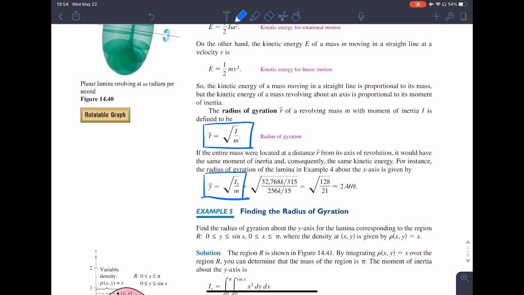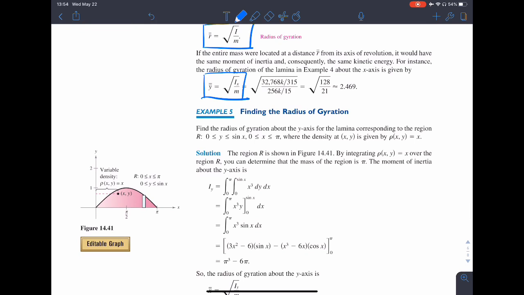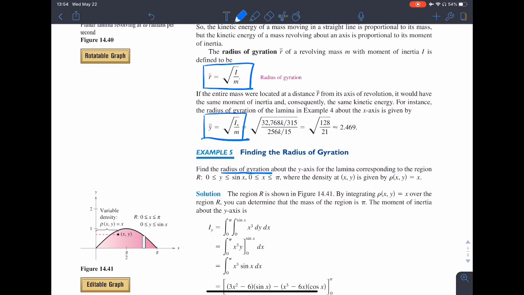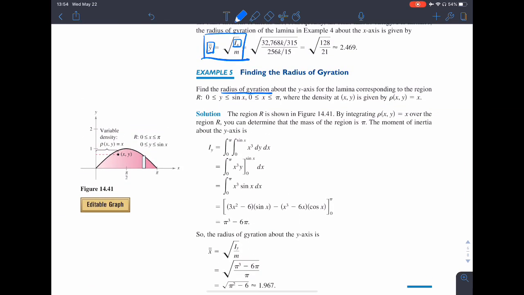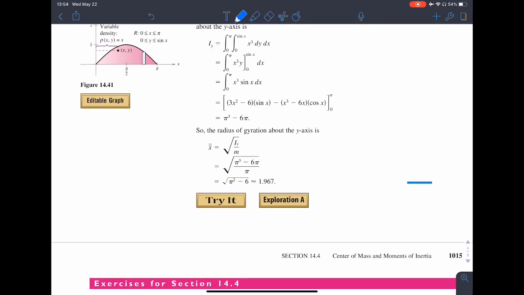And this R, or the double bar y, double bar R, is the radius of gyration. So if the question is asking us to find the radius of gyration, you have to use this equation. And notice that y-bar equals the square root of Ix over m. So here it is with respect to x. So there's another reversal here. You should notice this when you have problems like finding the radius of gyration. And this is basically the section 14.4.